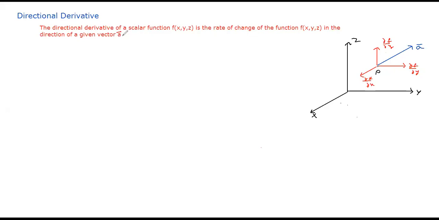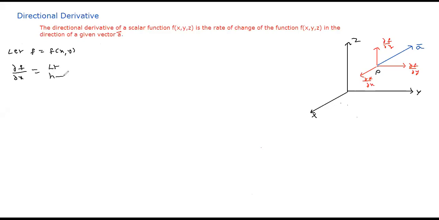Let me recall the definition of partial derivative for a function of two variables. Assume that f is a function of two variables x and y. In the last semester, when we were discussing maxima and minima of functions of several variables, I gave you the limit definition for dou f by dou x. If you remember, can anyone tell?